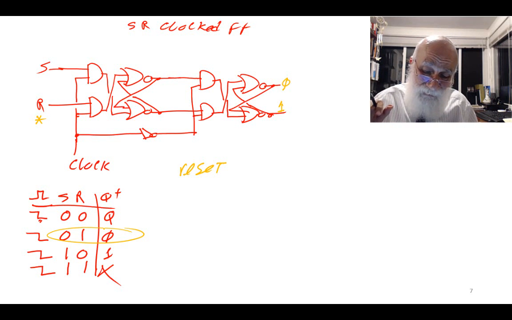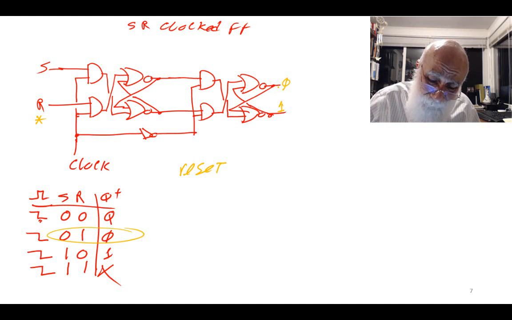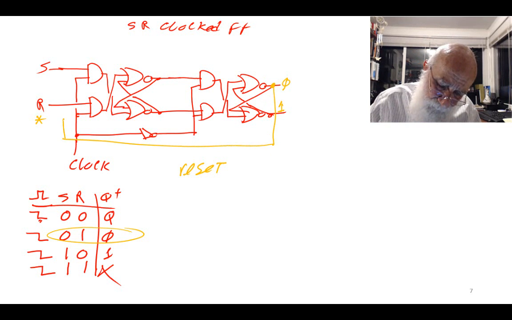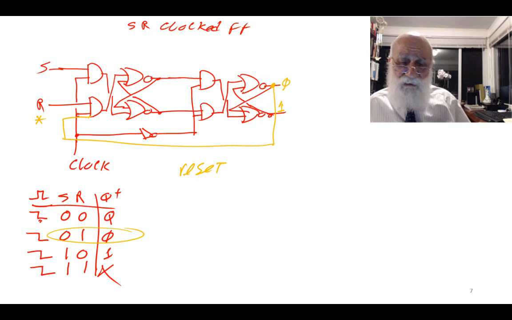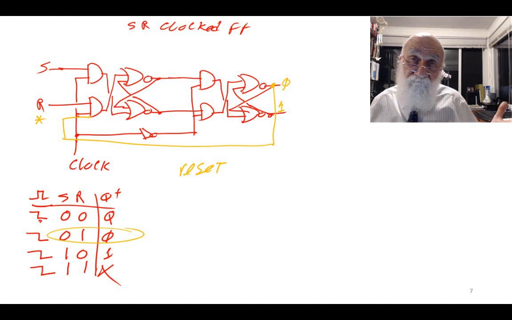With this being said, I don't think you have any complaints if I take this output, bring it back here, take this output, bring it back here, and put it into this gate. Why not? Because it's a 0, and there is no use for reset anyway.